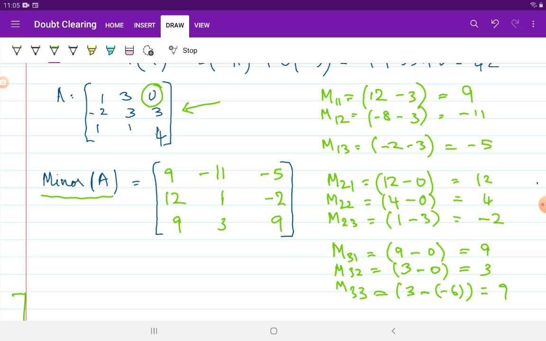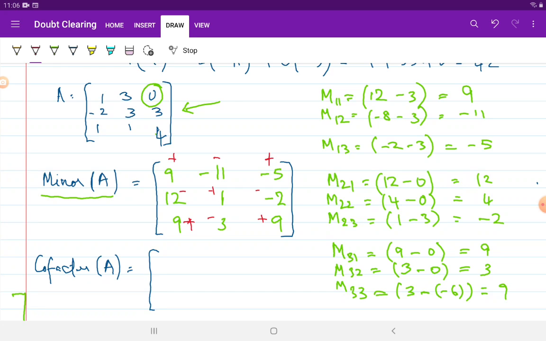The next step from minor matrix is to find the cofactor matrix. The cofactor matrix is nothing but the minor matrix with the appropriate signs. And what are the appropriate signs? Starts with plus and alternates plus minus, plus minus, plus minus, and plus minus plus. Right?